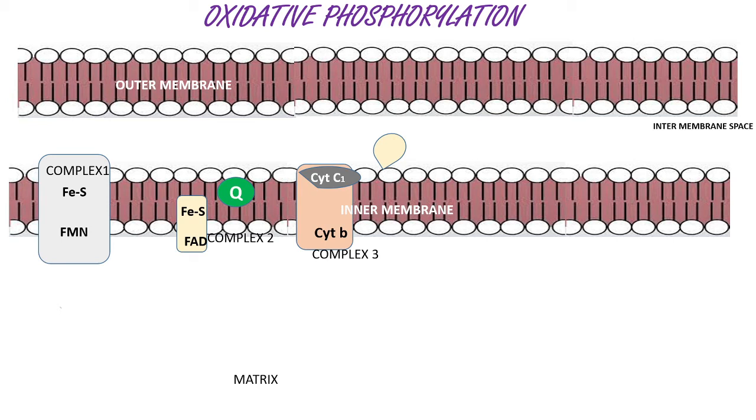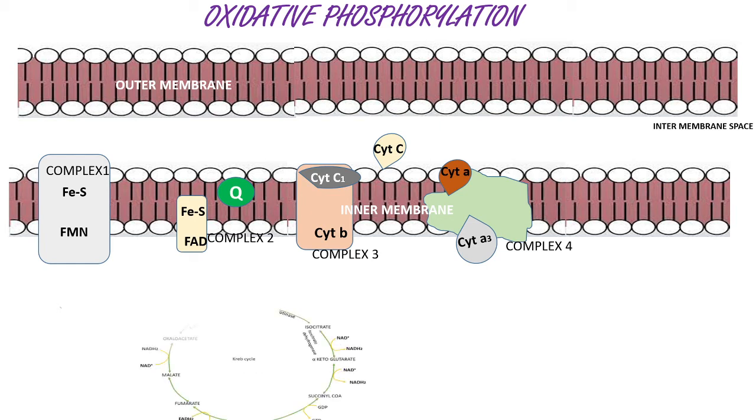Then we have another carrier protein, that is cytochrome C. Then we have complex 4, and complex 4 has 2 important cytochrome proteins, that is cytochrome A and cytochrome A3. These are the components of the ETC. Electrons from complex 1 to complex 4 are transferred via these carrier proteins. From cytochrome A3, the electrons are taken up by molecular oxygen.